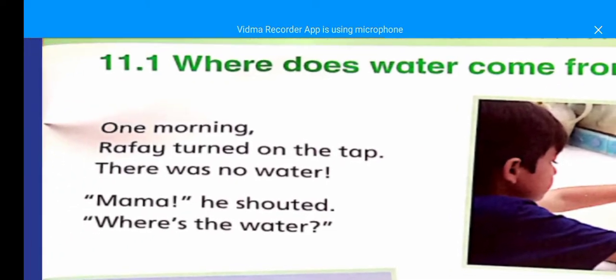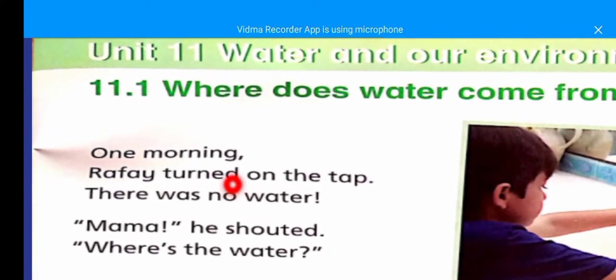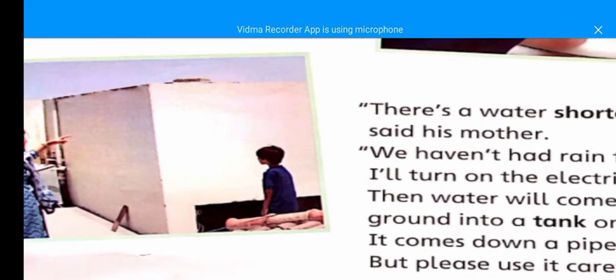So we have read that it is a morning scene from their home. Rafe turned on the tap to wash his hands, but there was no water. So he shouted for his mother's help, just like you people are always shouting for your mothers: Mama, there is no water. So how could I wash my hands?